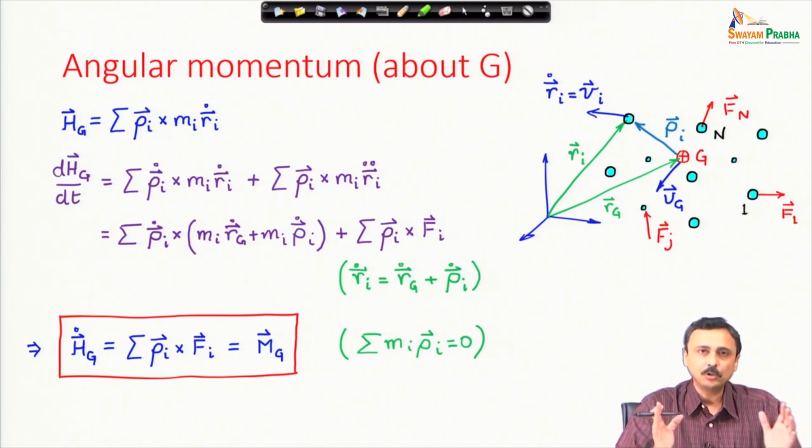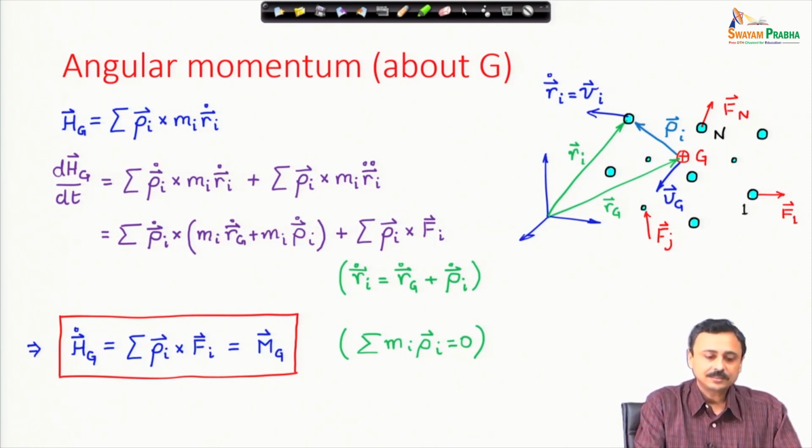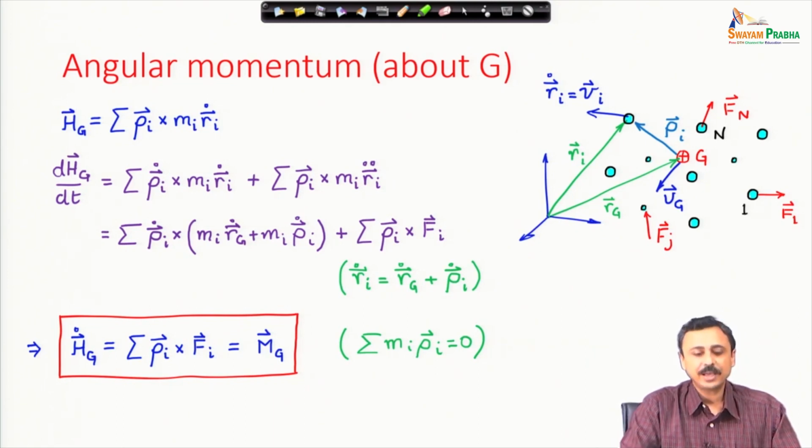One is how this whole system is moving, or how the center of mass is moving, and how this system is orienting as it moves. This governing equation, the rate of change of angular momentum, and this we will see very soon, tells us how the orientation is changing. Finally, we will find out the change of orientation of the system as the system evolves.